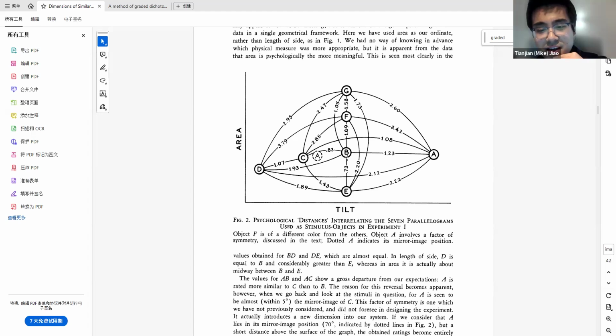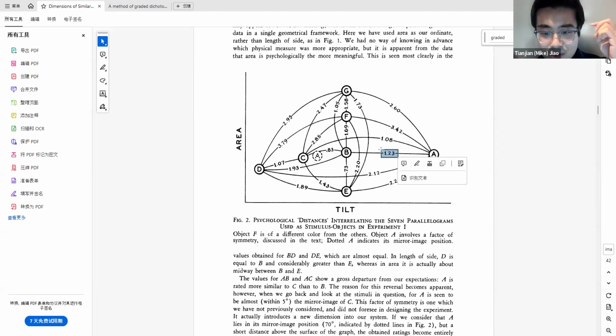Just to roughly say what I think is the case: we are trying to find the relationship between A and G. So we figure out the relationship between A and B, which only differs on tilt. And then we figure out the relationship between B and G, which differs only on the areas. Then we add them up.